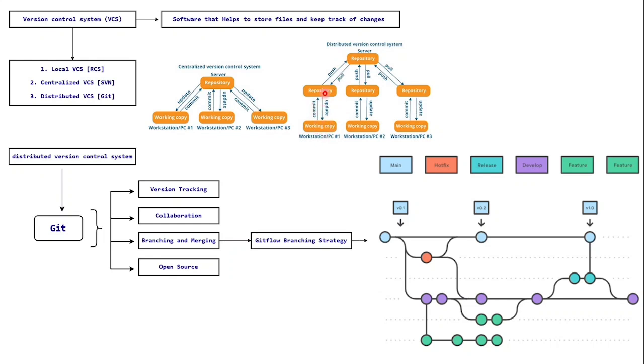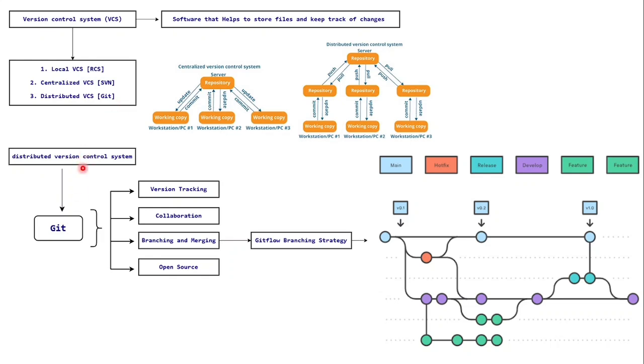Each developer will have their changes developed in their local repository, and they will push those changes back to the remote server, and at the remote server all those changes will get reviewed, and after getting reviewed, they will get merged in the remote repository. So in distributed version control system, each contributor has a full copy of the repository.